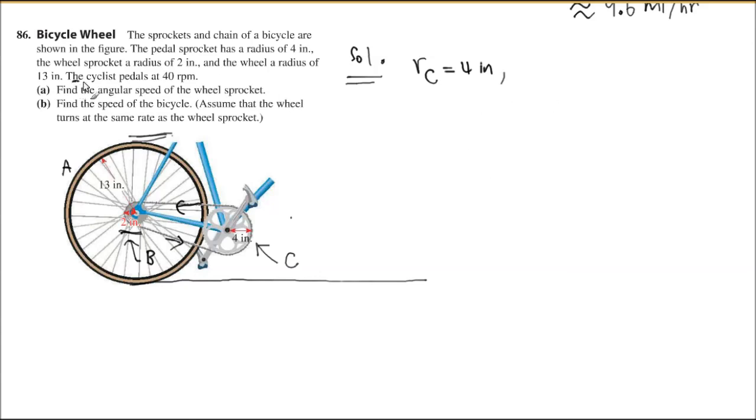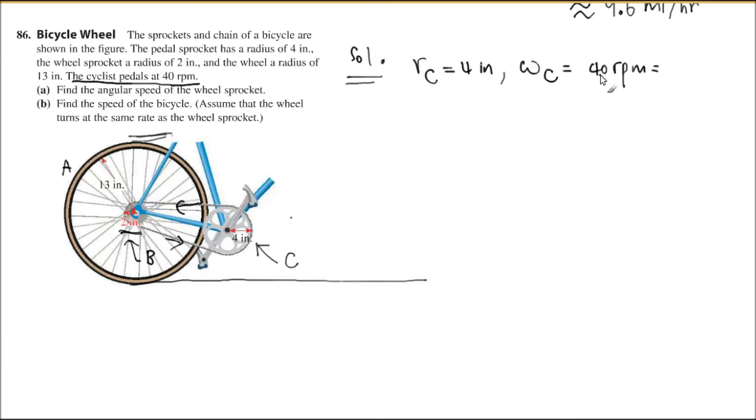The cyclist pedals at 40 RPM. This is where the pedal is. So how do you write it concisely? What letter? Omega subscript C is equal to 40 RPM. It's not a complicated number, so why don't we switch right away?